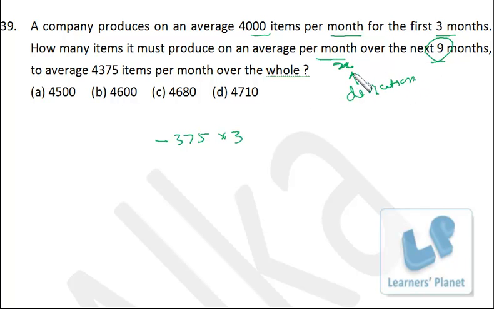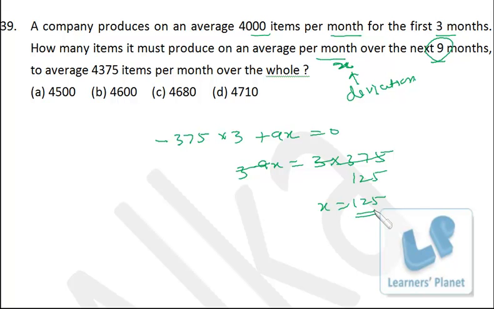The deviation per month is x, so the total deviation will be 9x, and that should be equal to 0. The sum of deviations is 0 and I have taken x as deviation, be clear about it. Whatever value of x we get will be added to 4375 or deducted. So here 9x is equal to 3 into 375, so x is equal to 125.